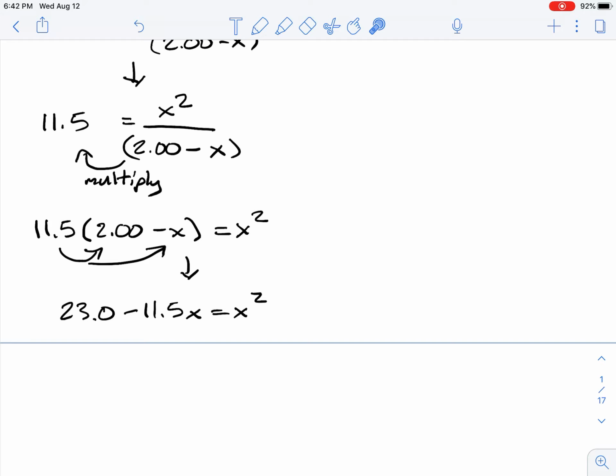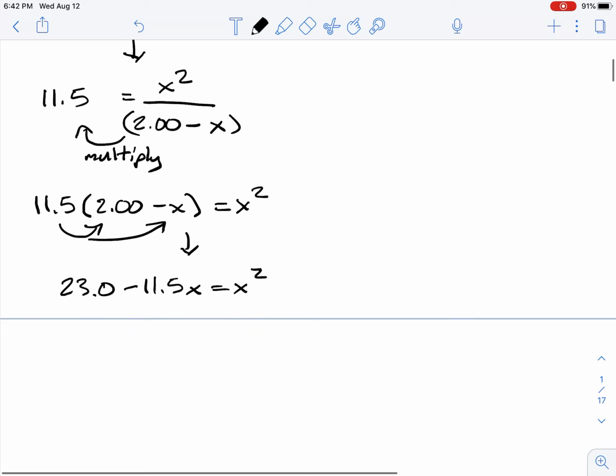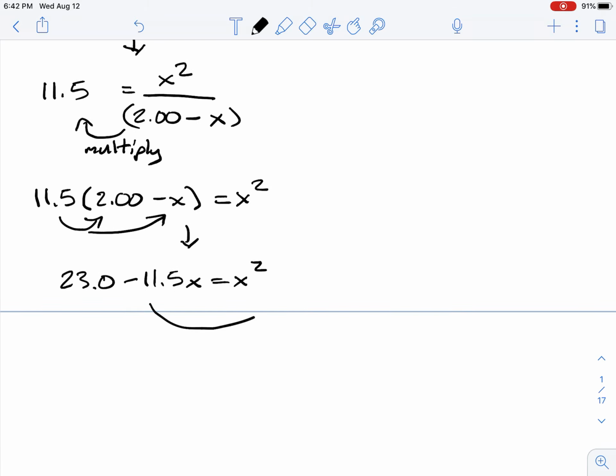And so to use a quadratic equation, you need to move all of your terms to the side that has the positive x squared. And so here in this case, I'm going to add the 11.5x, and then I'm going to subtract the 23.